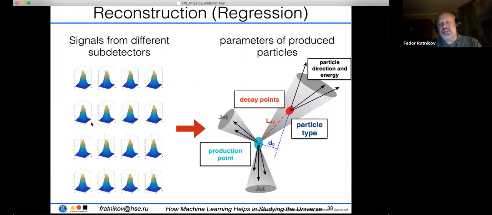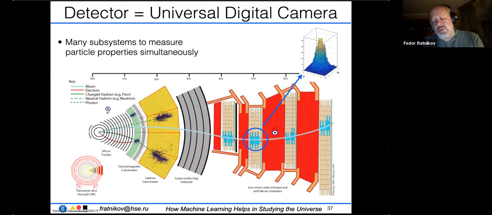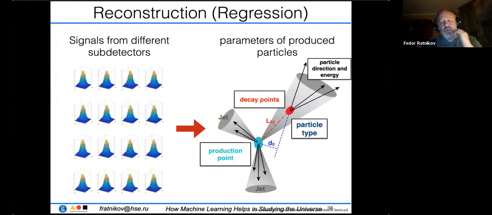Converting this result to the parameters of the particles, which is kinematics, or even just the particle types, is a pretty complicated task which analyzes simultaneously a huge amount of information. This part more and more actively uses different machine learning approaches, starting with simple supervised ones, up to unsupervised clusterization and all that stuff.